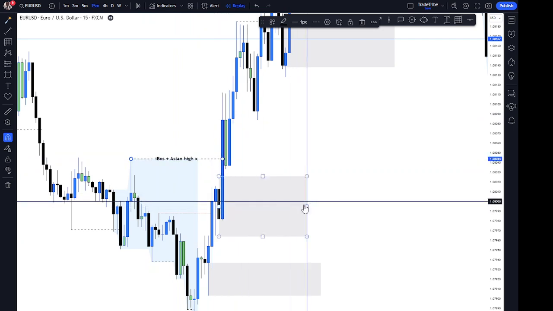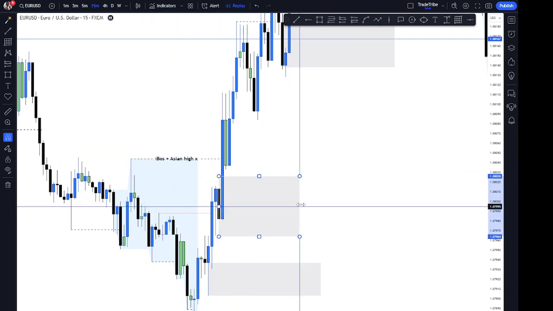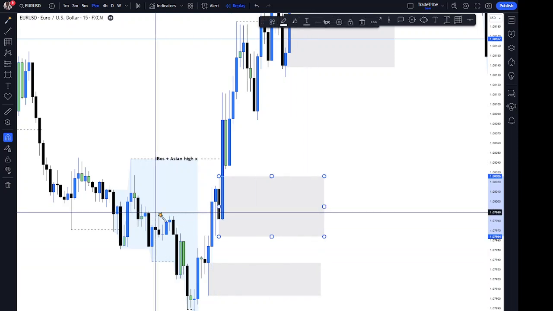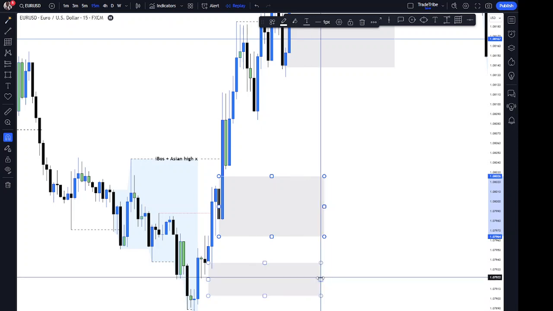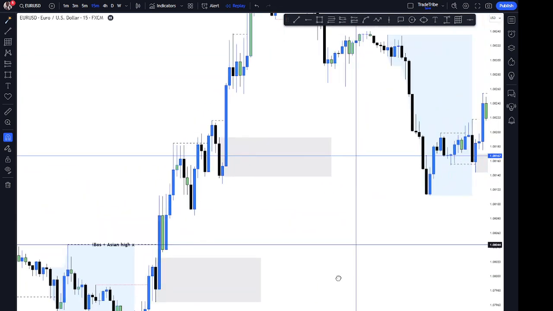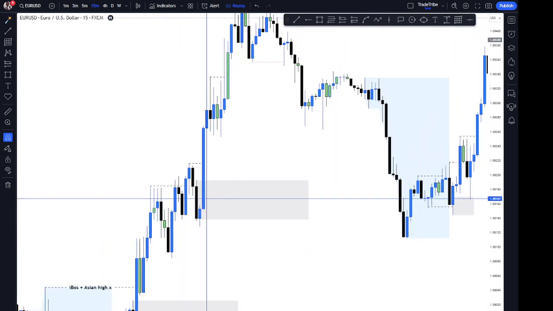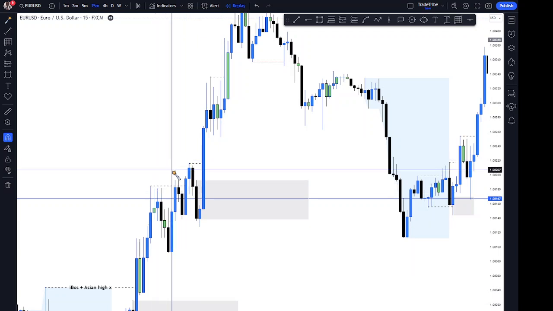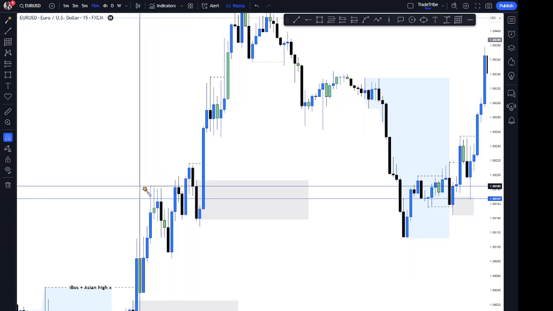Price went up, but it left us with this demand, and after this another demand zone here. They will come to be violated, though they were not mitigated at all.